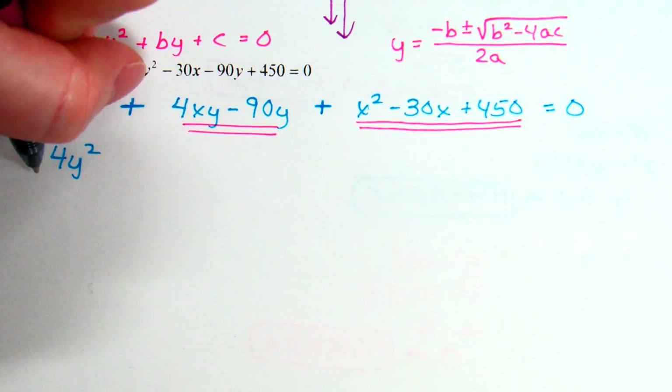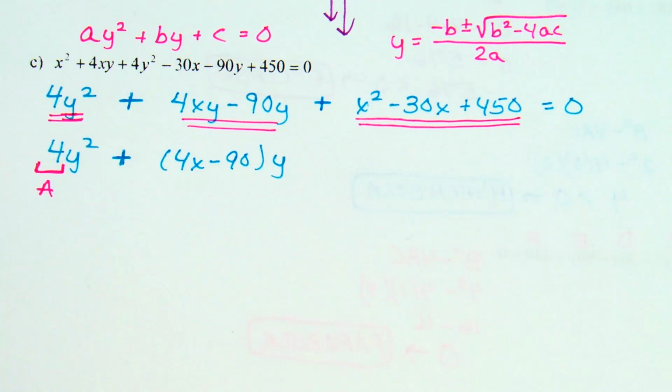In order to write b squared, I'm going to write 4x minus 90 quantity squared, minus 4 times a, which is 4, times c, which is x squared minus 30x plus 450, all over 2a, which is 2 times 4, in a way you probably never thought you would.